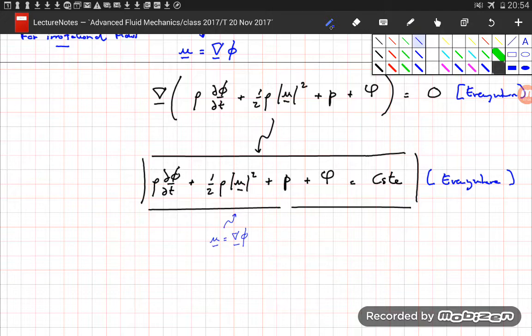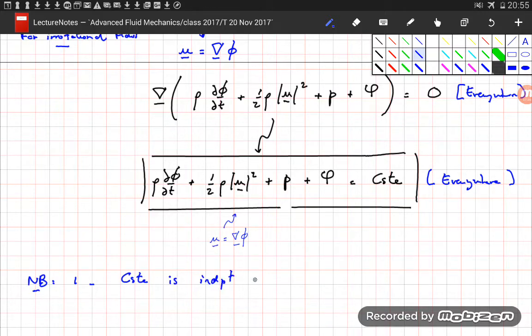So there are a few remarks which I want to make here. So the first one is just to really highlight that the constant in the unsteady Bernoulli equation is independent of the streamline. So the constant is constant everywhere.